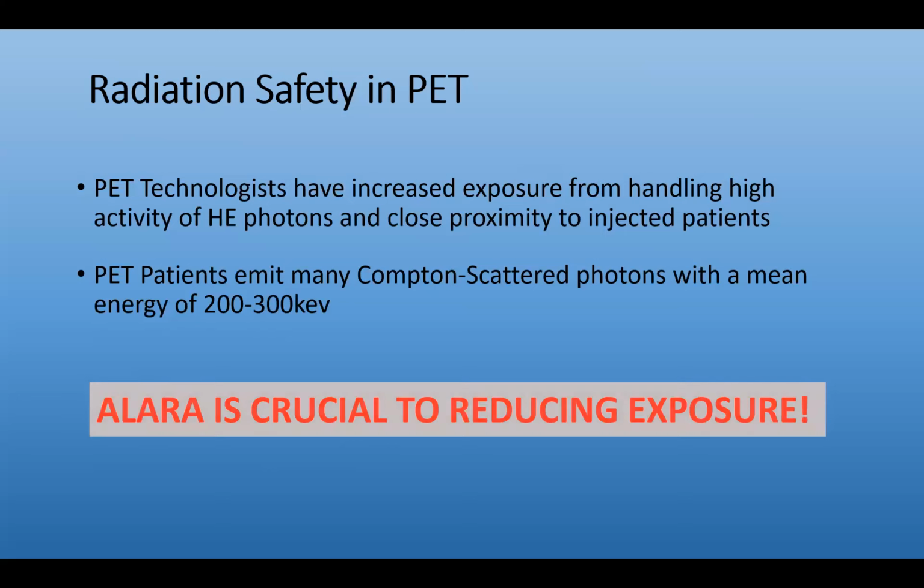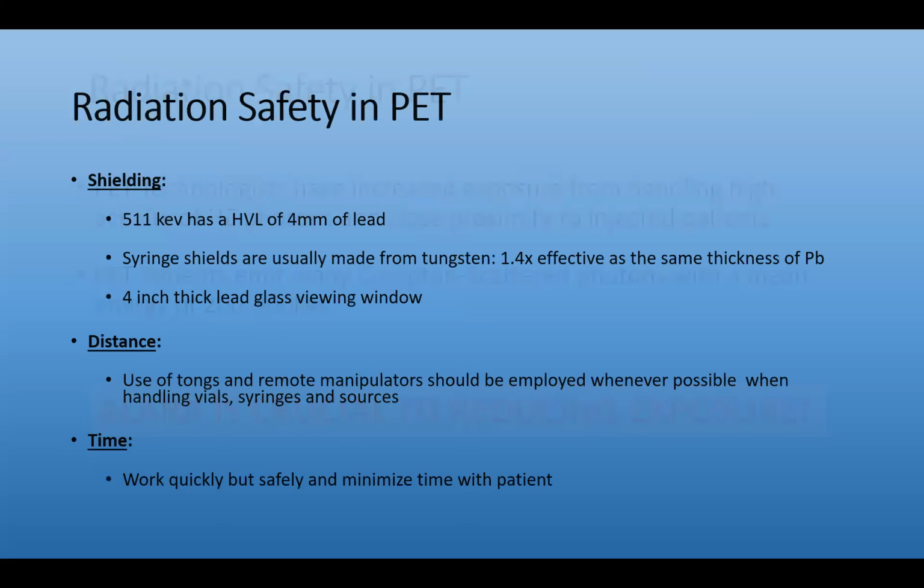So how do we manage exposure in PET? The first modification, of course, is shielding. So a 511 keV photon has a half value layer of 4 millimeters of lead. The syringe shields are made from tungsten, which is almost 1.5 times as effective as the same thickness of lead.